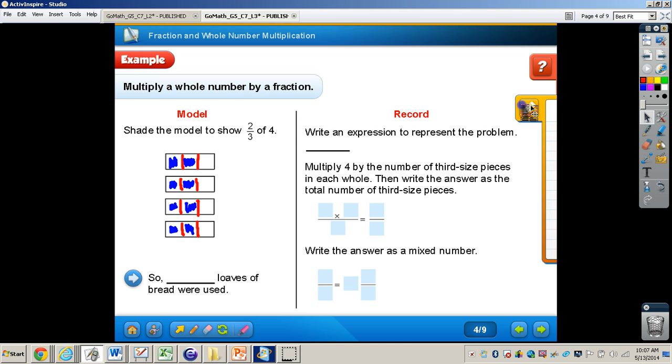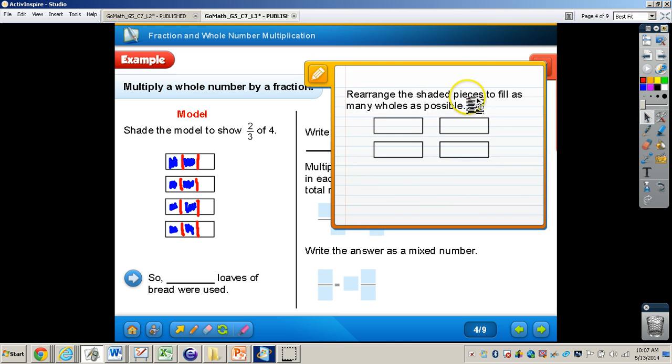Now, if we were going to rearrange this so the shaded pieces fill as many holes as possible, once again we will divide our bread into thirds. And I want you to do this right in your book with me, so you can visualize what this looks like. Okay, so we have 8 total pieces shaded in. So we have 1, 2, 3, 4, 5, 6, 7, 8.